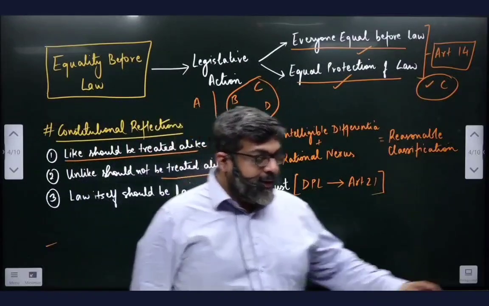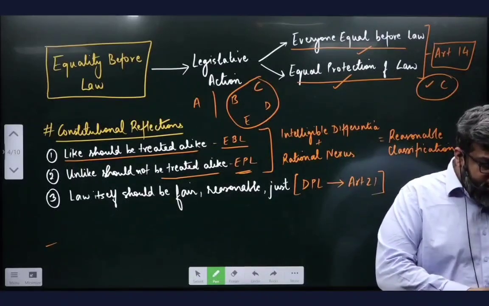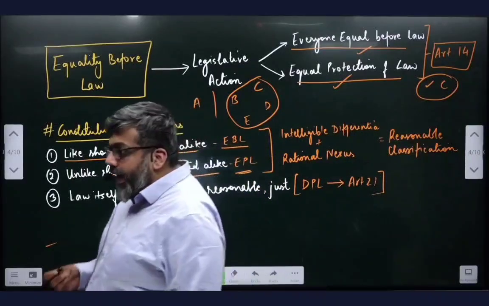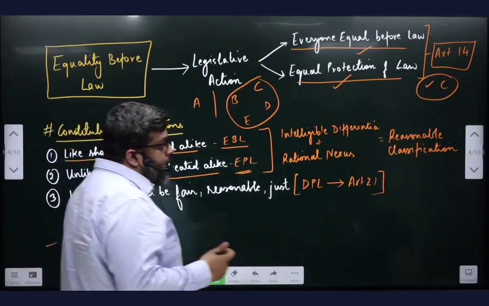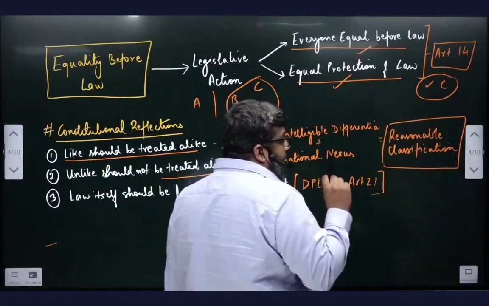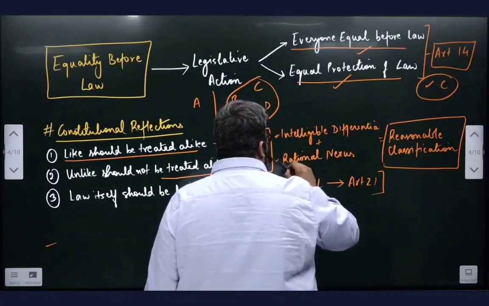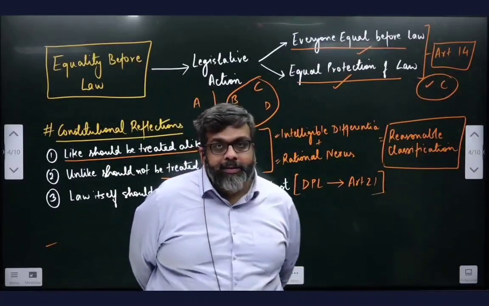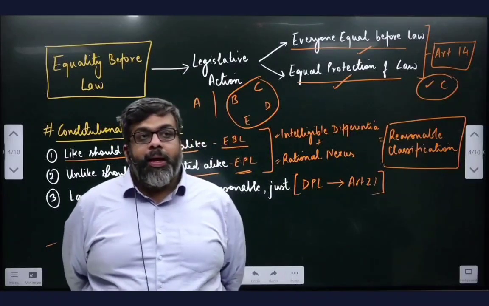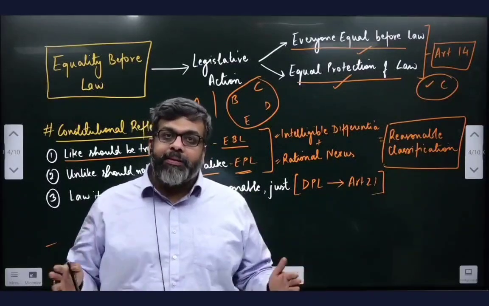The larger question is effectively this: all right, I am allowed to treat people differently. How do I do so? For that, the courts have come up with the doctrine of reasonable classification. For you to be allowed to treat people differently, you should be able to fulfill two principles that collectively constitute the doctrine of reasonable classification. If you treat people differently, as I was telling you before, what is the basis of it?